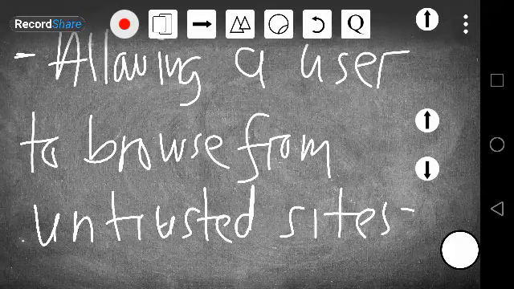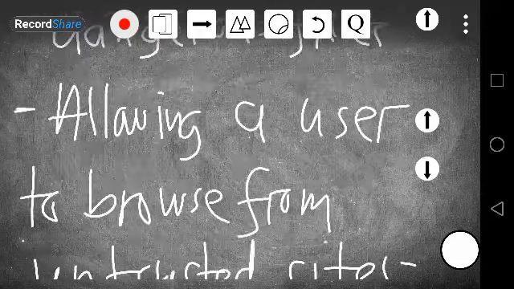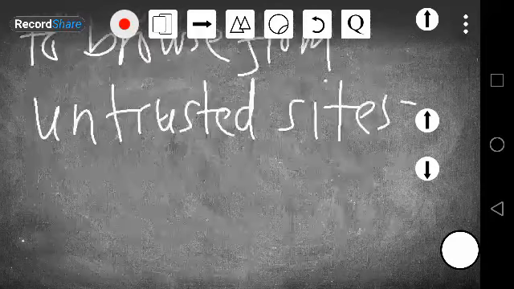So there are some sites which are not trusted by the computer. So at times it will even allow a user to browse from those untrusted sites. So now, how do we protect our computers from such kind of vulnerabilities?